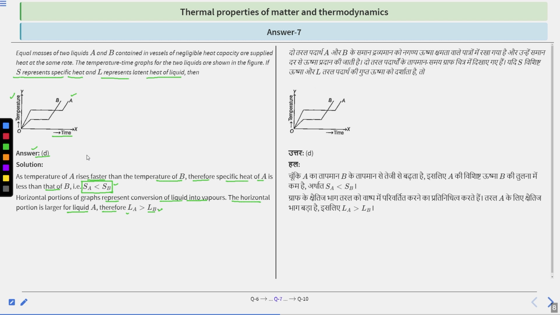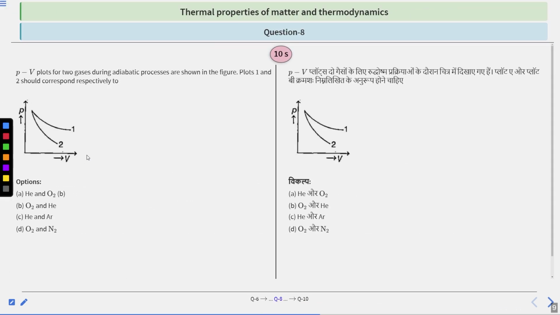Now next question. Question 8. The question is about the PV plots, where on the y-axis is the pressure P and on the x-axis is the volume V. These are PV plots for two gases during adiabatic processes, as shown in the figure.